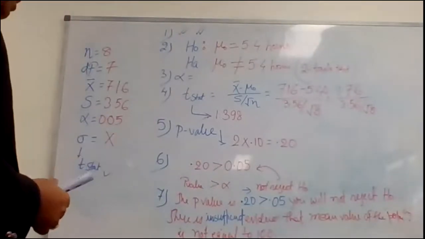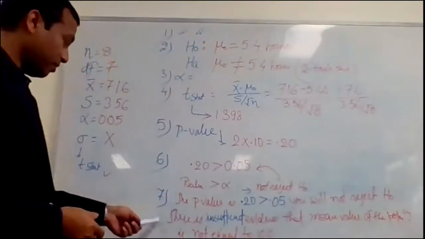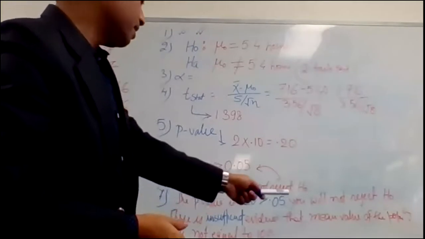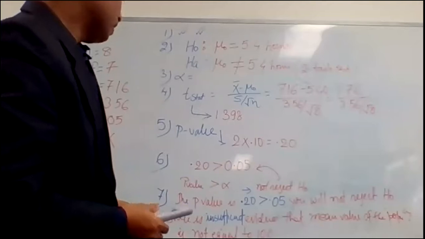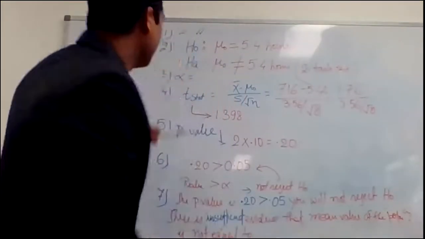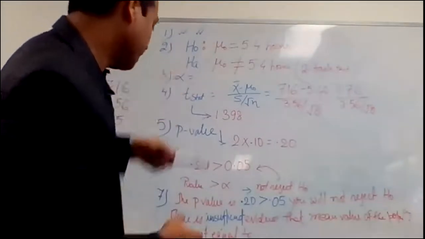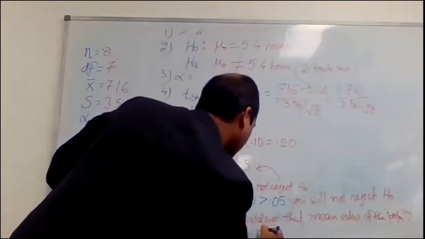Or maybe you can say that there is sufficient evidence that the mean value is equal to 5.4, or otherwise there is insufficient evidence that the mean value of the population is not equal to 5.4 hours.